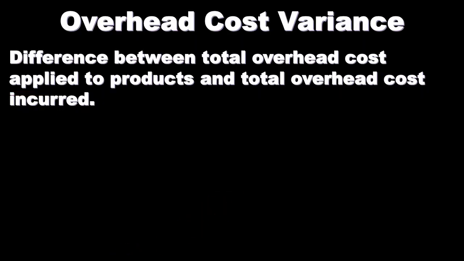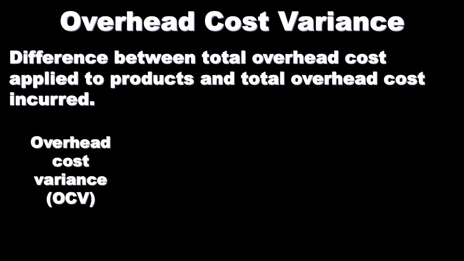Now, we're going to be considering our 80% of production at the production of 4,000 units as we move forward. The overhead cost variance, so when we consider the variance, we're thinking about the difference between the total overhead cost applied to products and total overhead cost incurred. We're thinking about what we applied out, what we estimated to happen, compared to what actually happened, that difference being the variance.